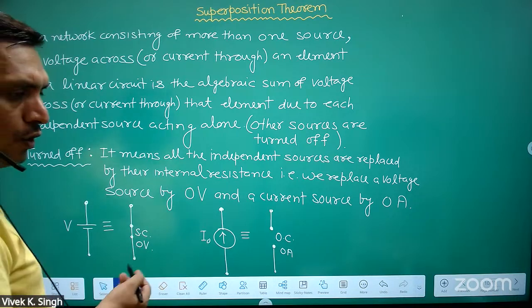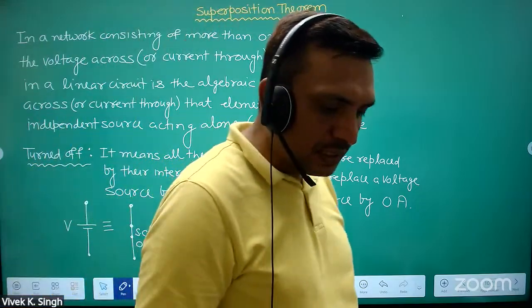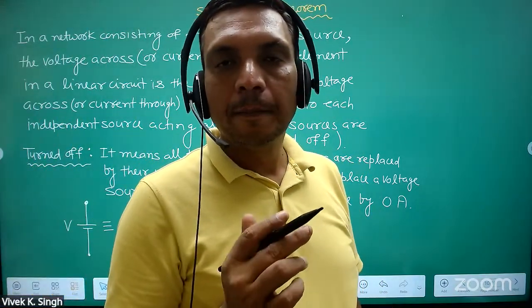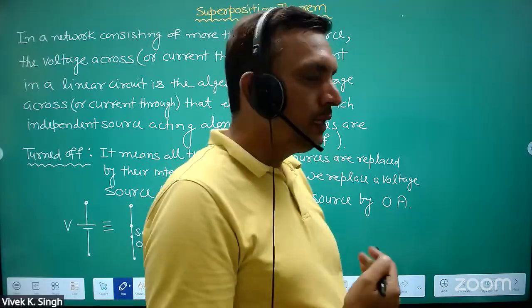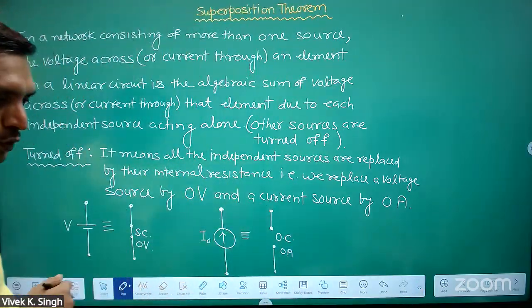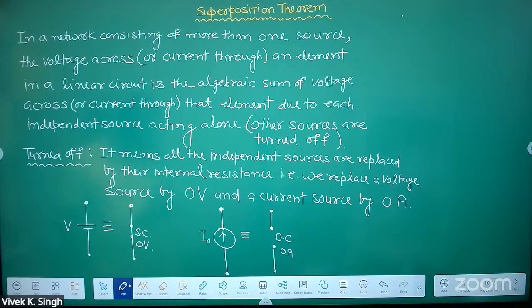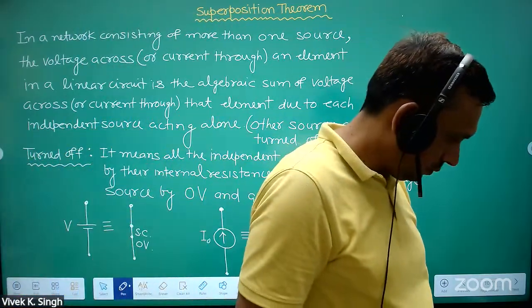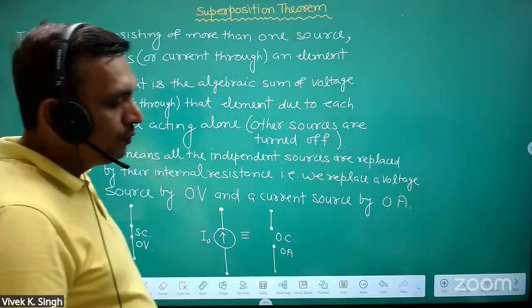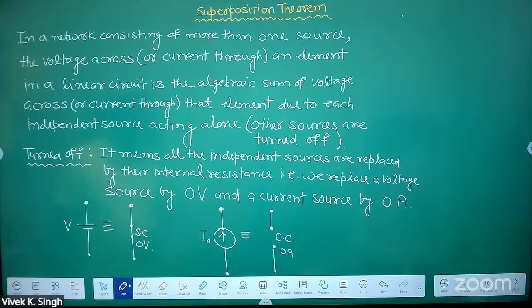So now the same example that I have discussed, the case of 2 voltage sources. Now we will see how to solve it using the superposition theorem. So note it down. Let's see how we will apply the superposition theorem.